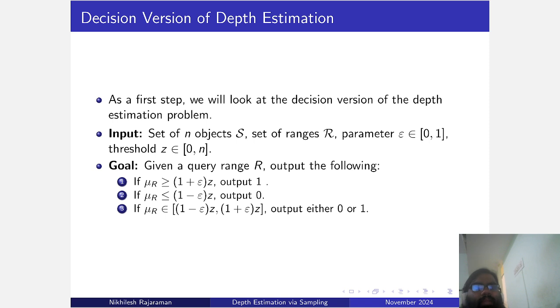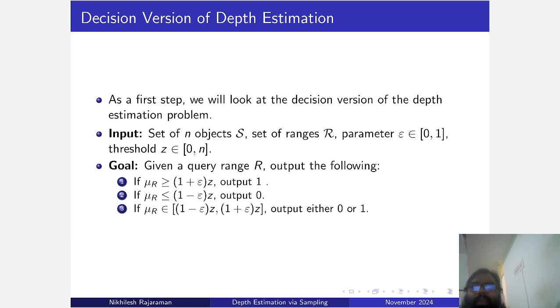And that's going to answer this decision problem essentially. And if this estimate is correct within an epsilon factor, then the output of the decision problem will also be correct as long as the true depth is more than an epsilon factor away from the threshold. Because in this case, there's no risk of going over to the wrong side because of the error. The noise is not large enough for us to make a mistake.